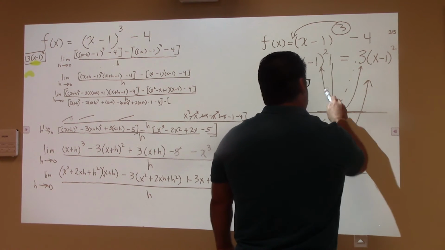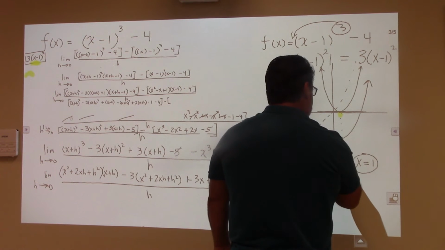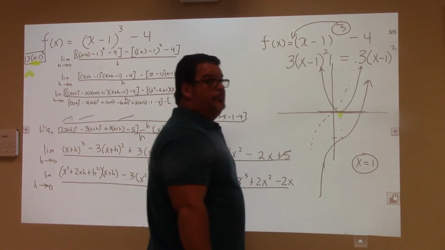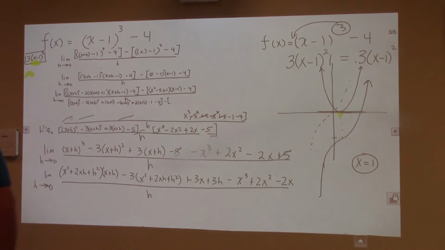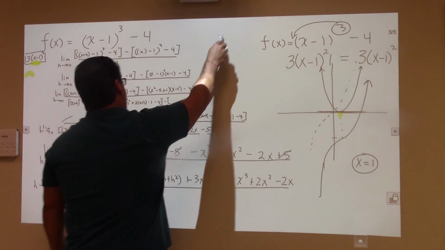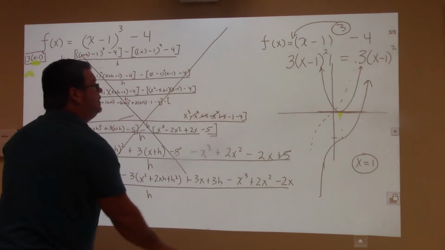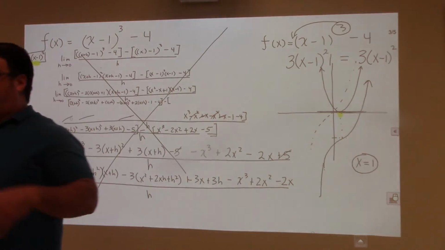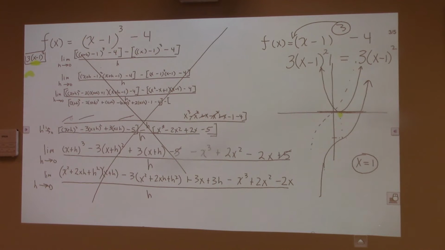At this point where this touches this, the slope of the tangent line is going to be 0. Now, the whole point of showing you all of this is to show you that you can bypass all of this and just do this. And that's leading us into the derivative rules.